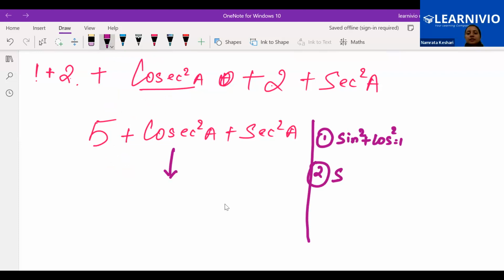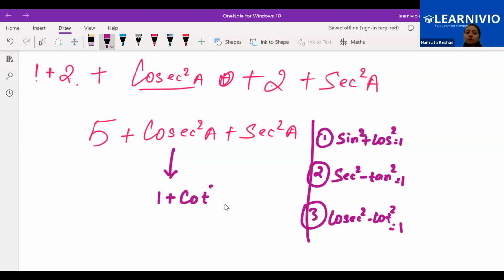Number 2, sec square minus tan square is equal to 1. Number 3, cosec square minus cot square is equal to 1. So cosec square can be written as 1 plus cot square, yes or no? Yes. And sec square can be written as 1 plus tan square.